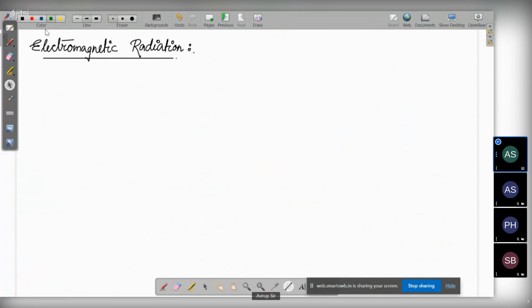Okay, so suppose, consider a wave. You have done wave in physics. So this is a wave, with its crest and troughs.